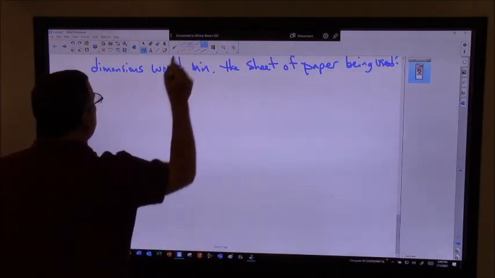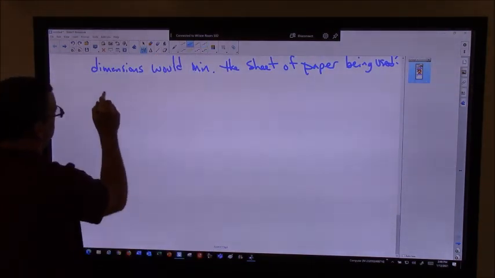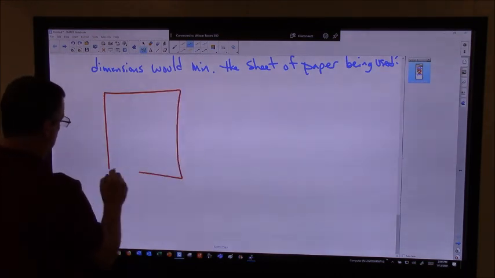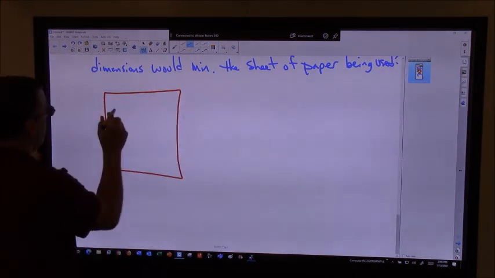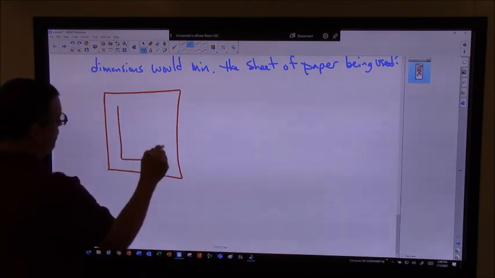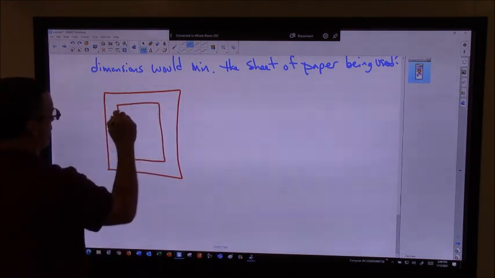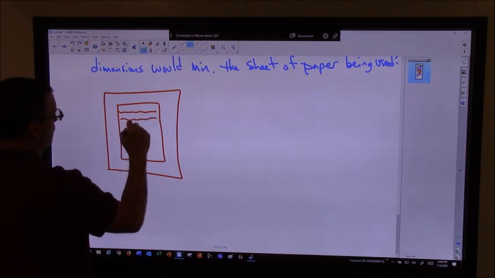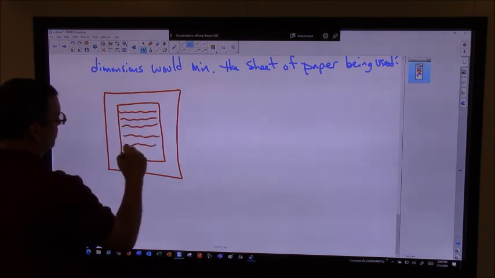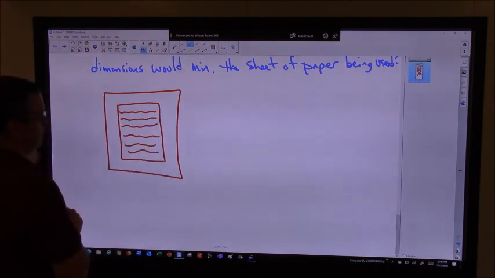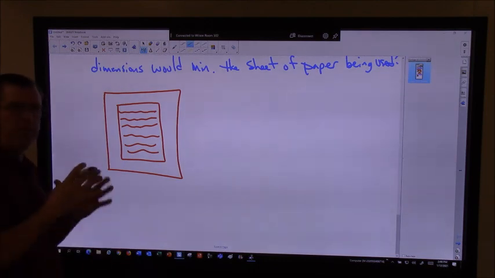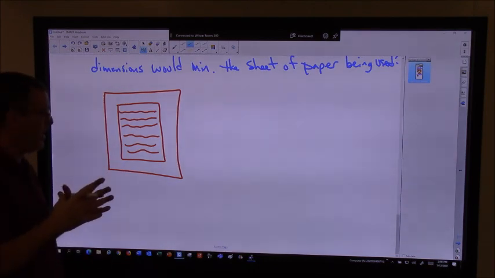So here's my sheet of paper. And let's just say that here's my 2-inch border. And I've got all this writing, whatever it is, inside here. Okay? And what I'm trying to do is I'm trying to minimize the size of the sheet of paper.